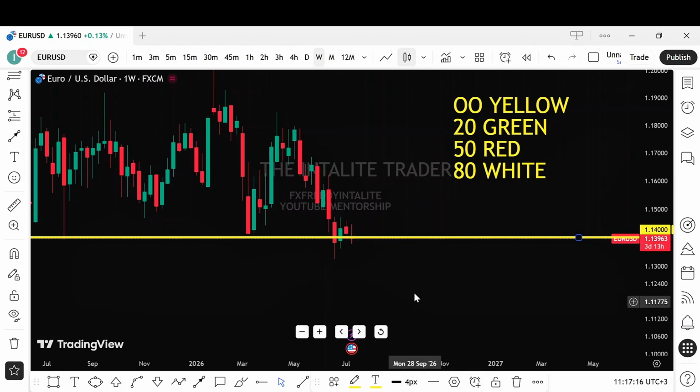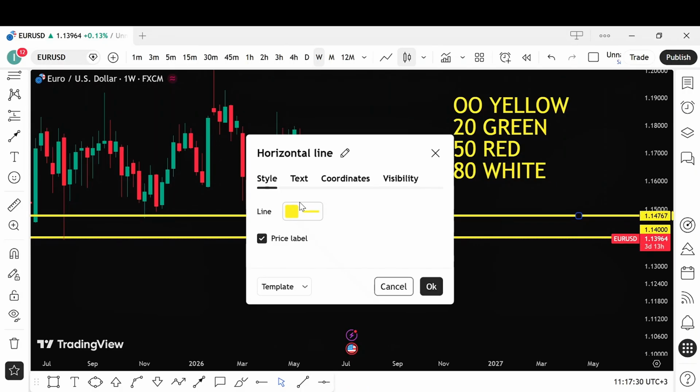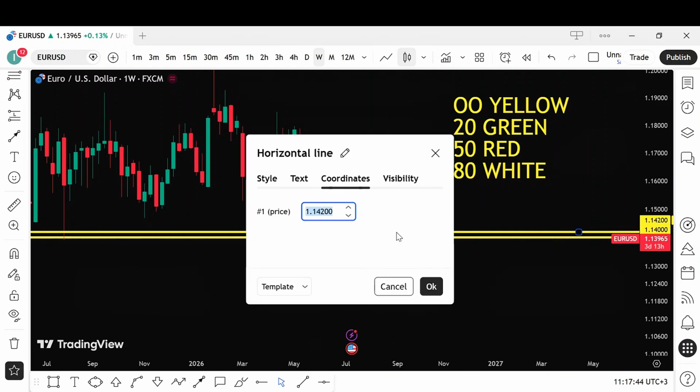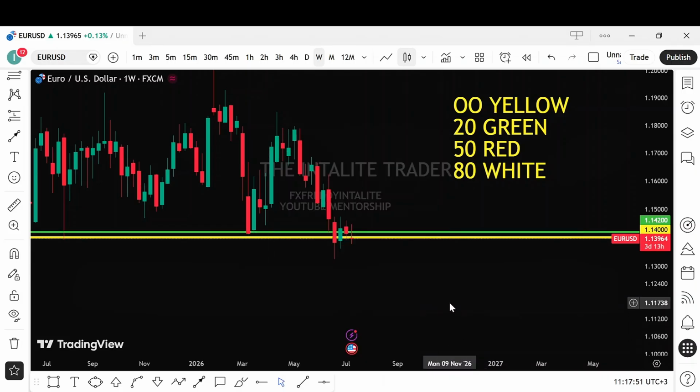So we also get another line. We put it here. The number above 1.1400 is 1.1420, the institutional number 20. We plot it. This one we said we shall give the green color. That is the 20 level.